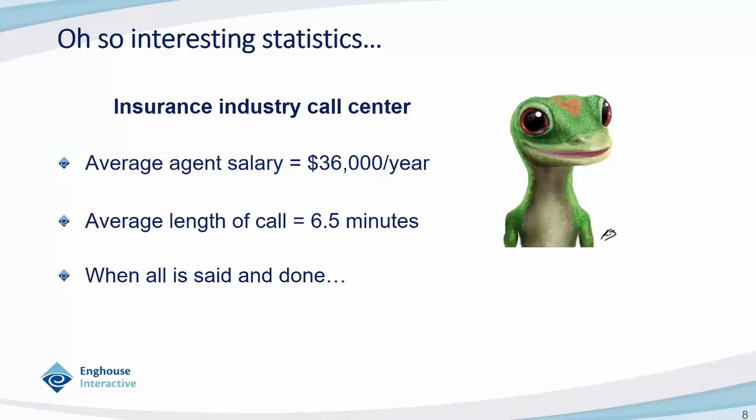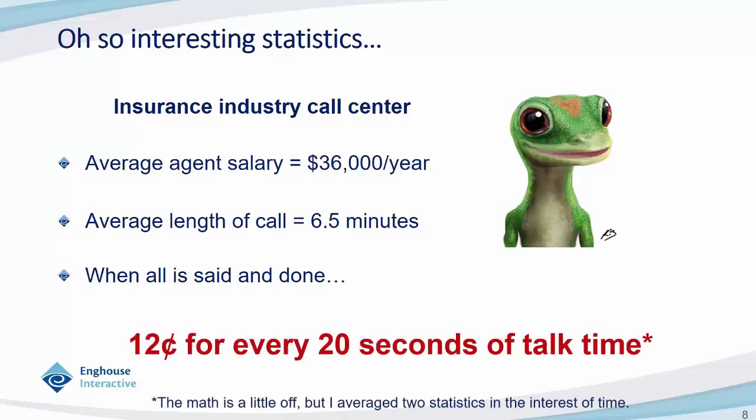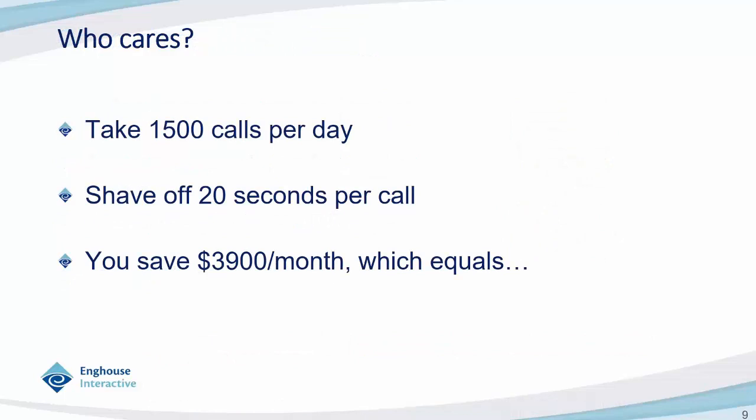Now, when all is said and done, and all of that is averaged up, that comes to about 12 cents for every 20 seconds of talk time. Math might be a little off, but it does average in 2 different sets of statistics. Now, why does that matter to you?